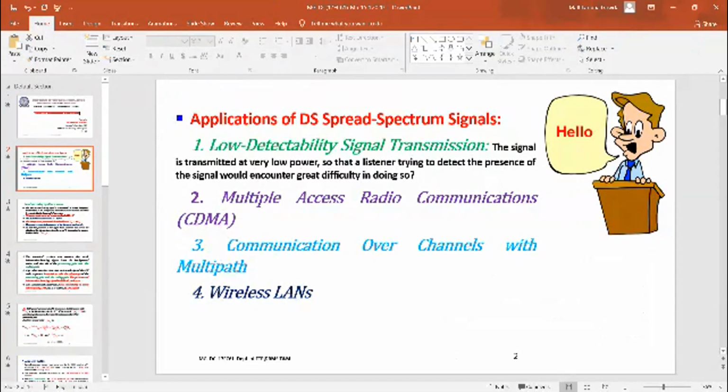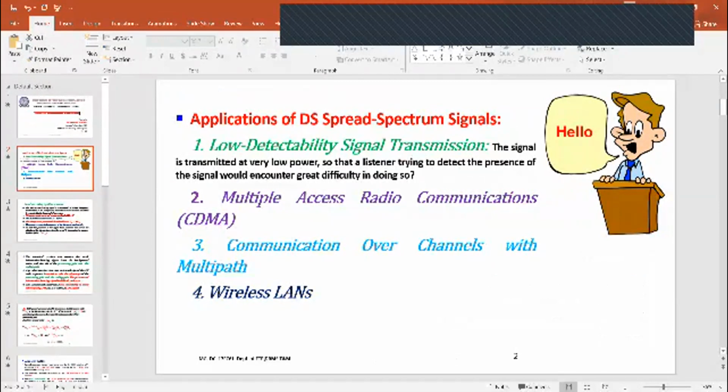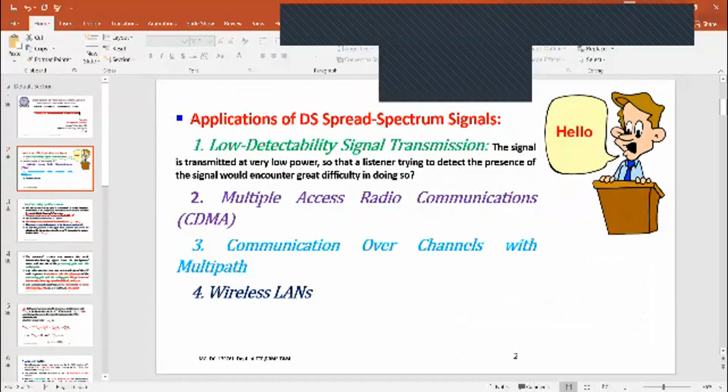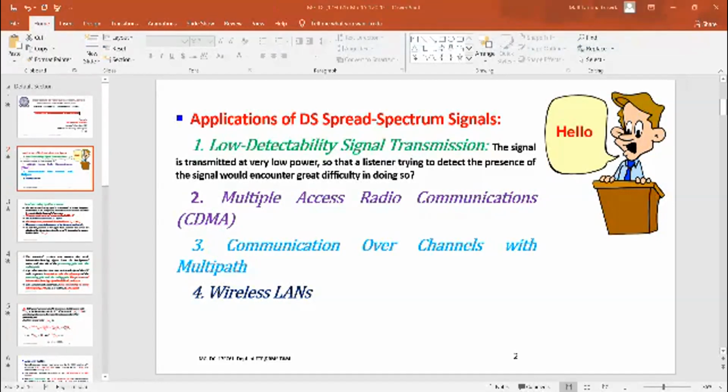Let us take the first one, that is low detectability signal transmission. In this case, the information bearing signal is transmitted at very low power, so that a listener trying to detect the presence of the signal will encounter great difficulty.